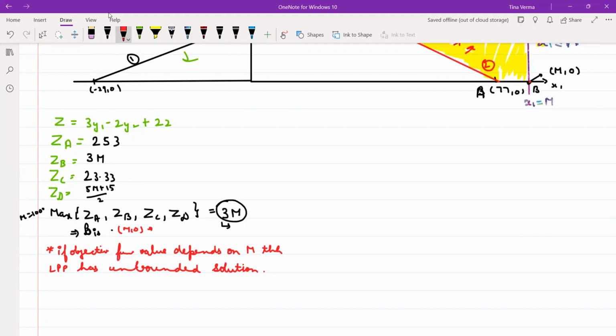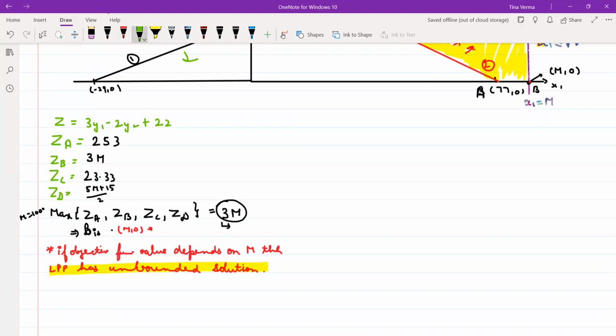I can take m as 1000, 10,000, a crore, a lakh. If I take these values, my optimal solution will change with respect to m. But that cannot be your optimal solution, since the optimal solution is always fixed. So in the maximum case, the LPP has an unbounded solution.